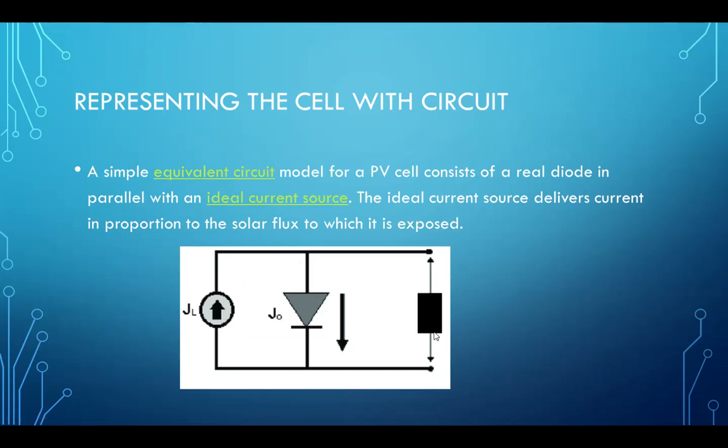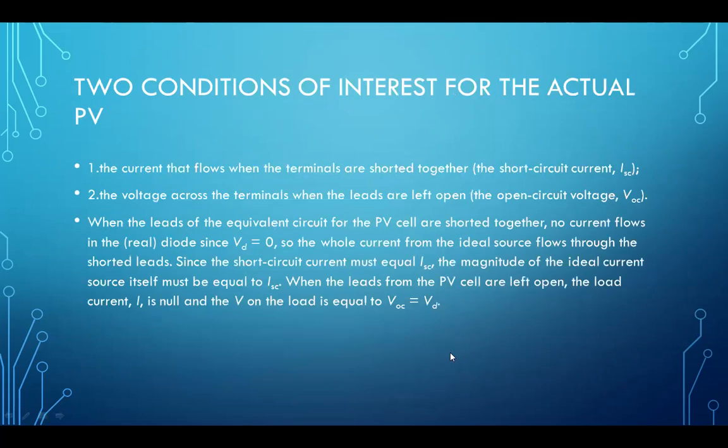And of course I'm going to need a load here, so I can study the power that we can get out of this solar cell. It depends on the voltage between the terminals of the load, and also on the current. So we have two important conditions.